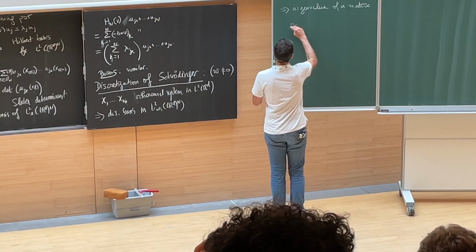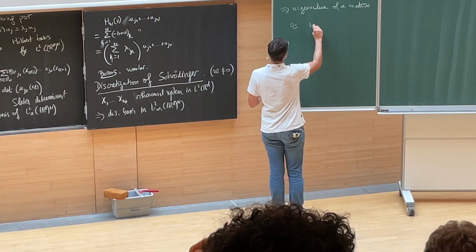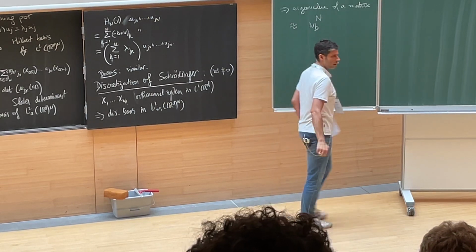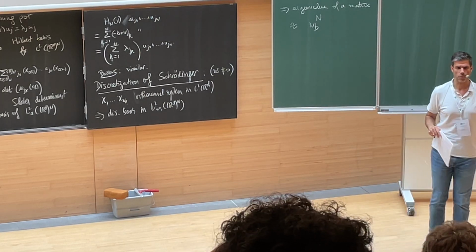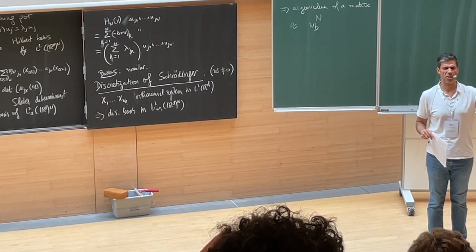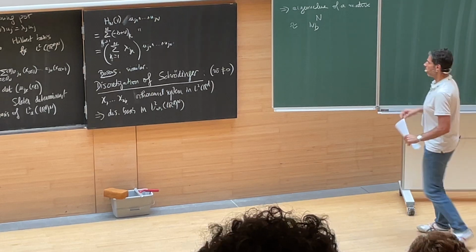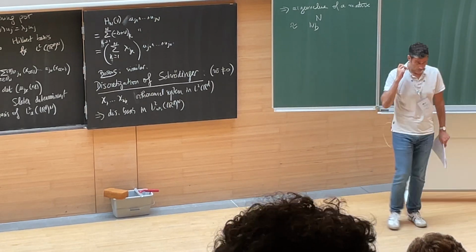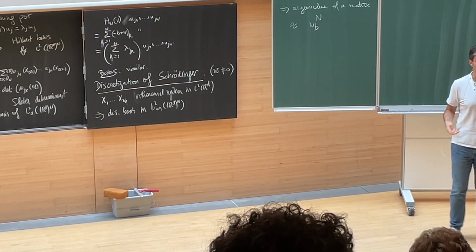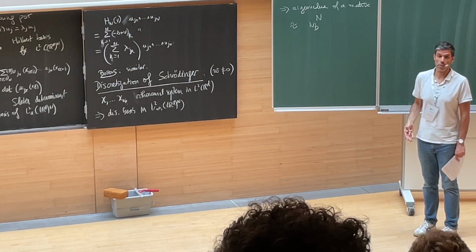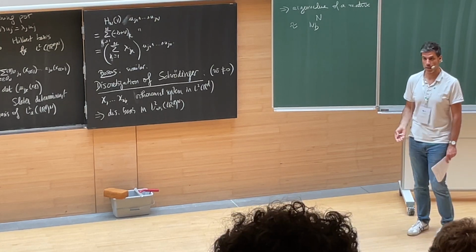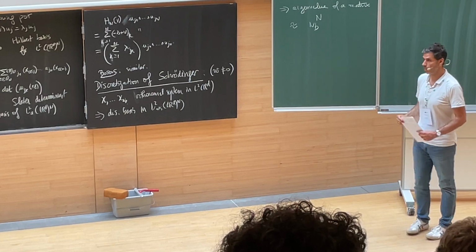We will work essentially in dimension NB to the power n. Not quite, of course, because you have to take into account symmetry and anti-symmetry, but this will only affect the prefactor. And typically, NB is at least n. Actually, for fermions, NB has to be at least n, otherwise you cannot build sufficiently many functions.